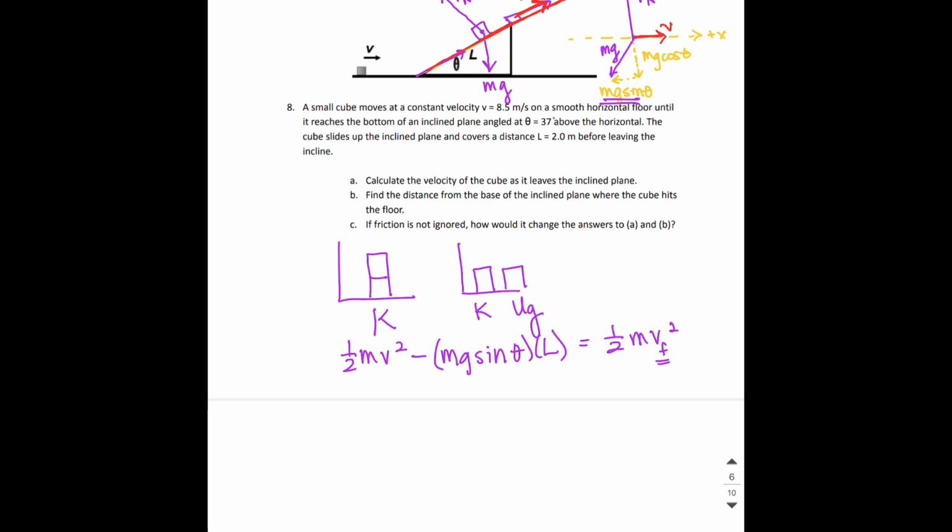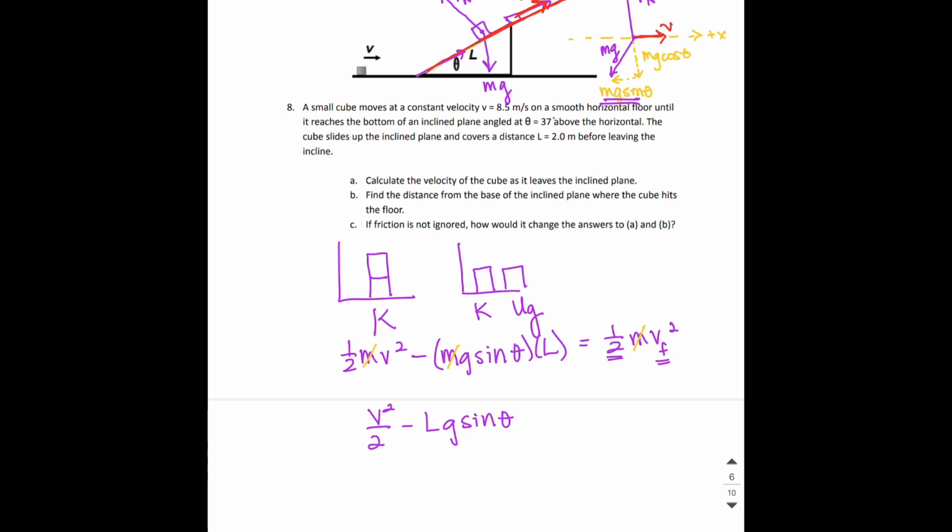The nice thing about this is my masses cancel out if I divide m from all the parts of my equation. I end up with v squared over 2 minus g sine theta times L. Actually, I'd rather put the L in the front, so I'm going to call this L g sine theta.